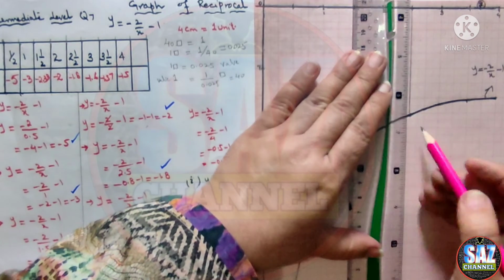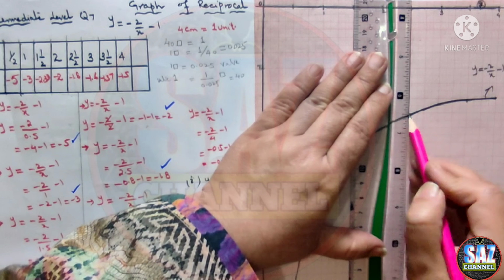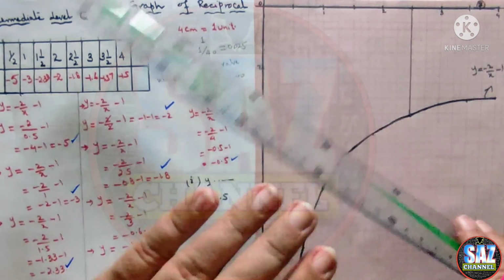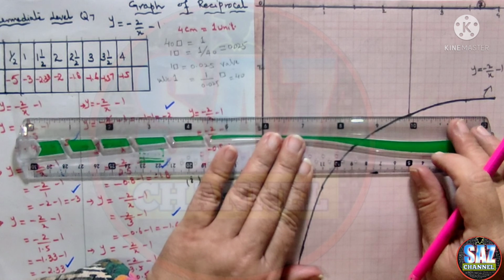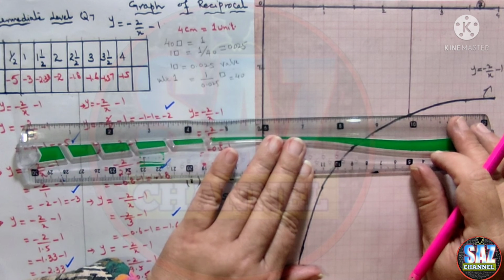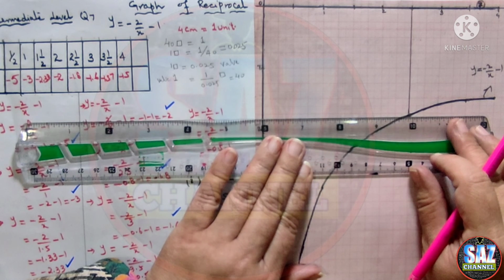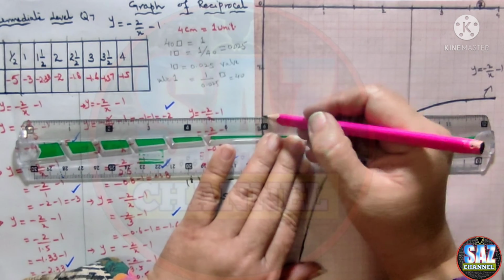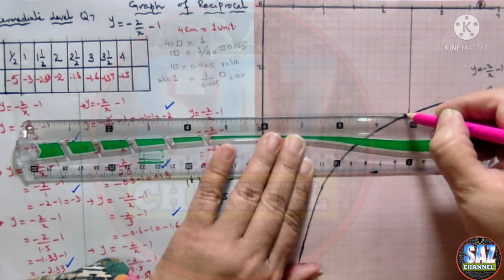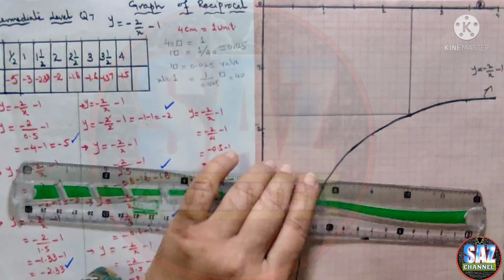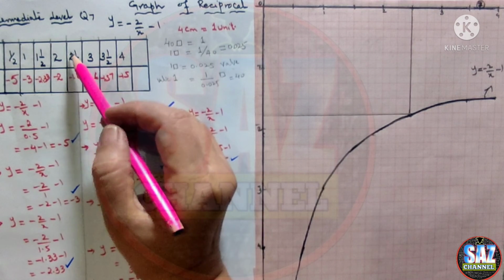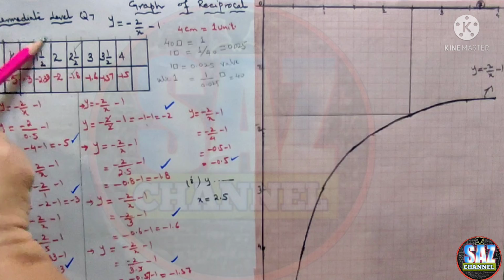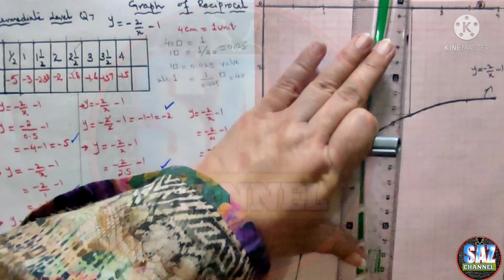It has to go a little down, and you can find a slight error because in the previous part we made the curve with a pencil, but now as we are using the bold pen, there is a little thickening due to the marker. Otherwise the value at x 2.5 is y minus 1.8, already calculated and given in the table.